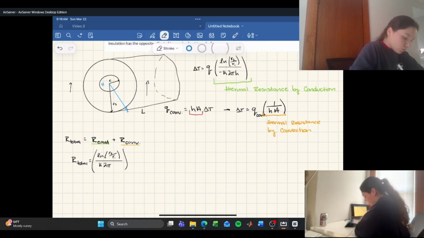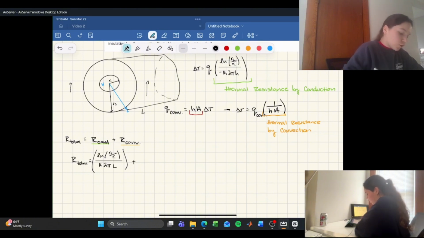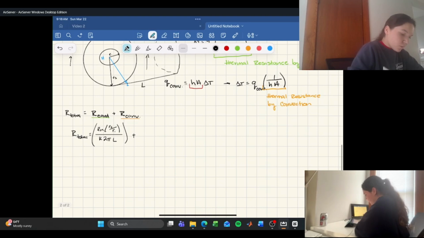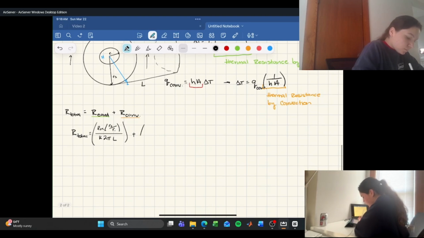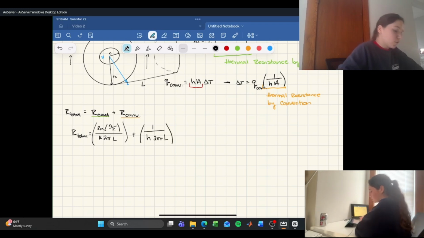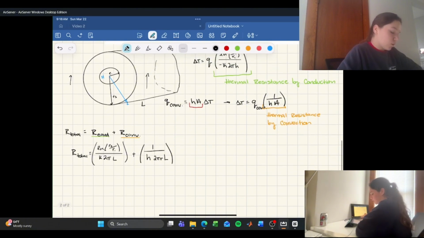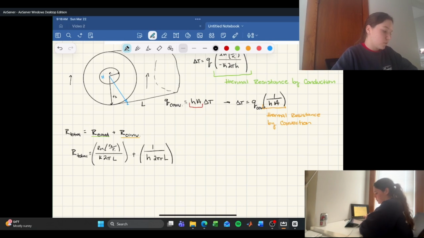So let's change this to L. And then we want to add the thermal resistance by convection, and that's going to be 1 over the heat transfer coefficient times the area, which is 2 pi r times L. So this is the equation to get the total thermal resistance for this scenario.